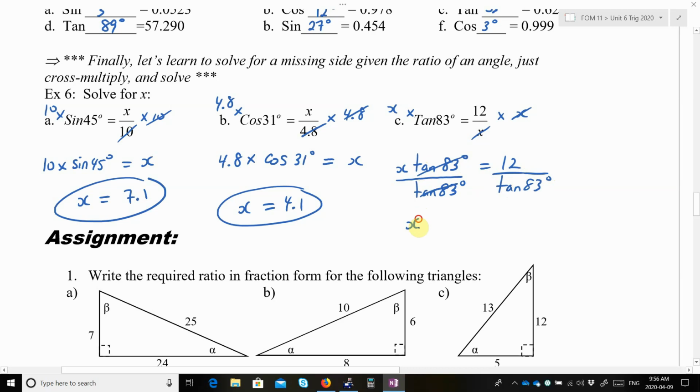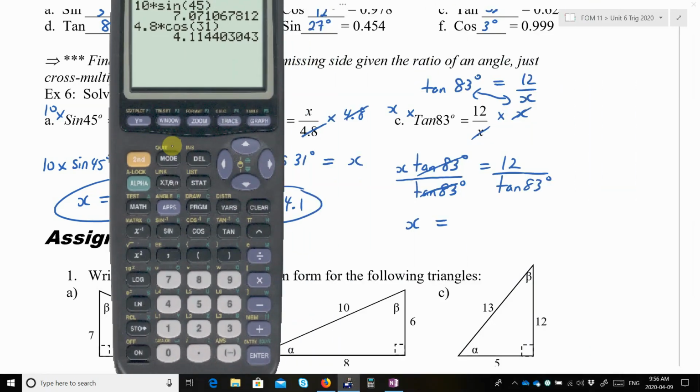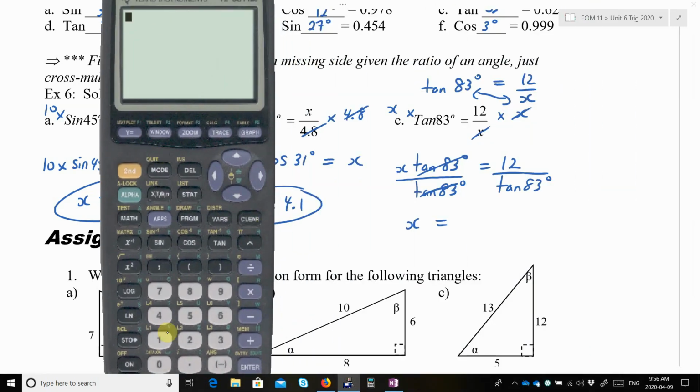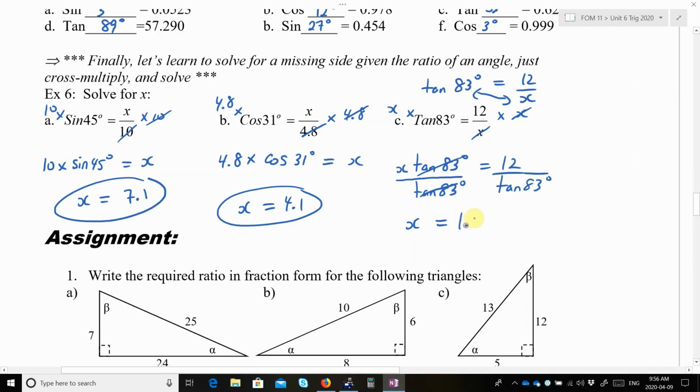That cancels to 1. So now x is equal to 12 divided by 1083. If you look at the original question, 12 over x, we now have that x is equal to 12 over 1083. So it's like the x and the 1083 just switch spots. That's a quick shortcut you can use. 12 divided by 1083. Bang. 1.5, let's say.